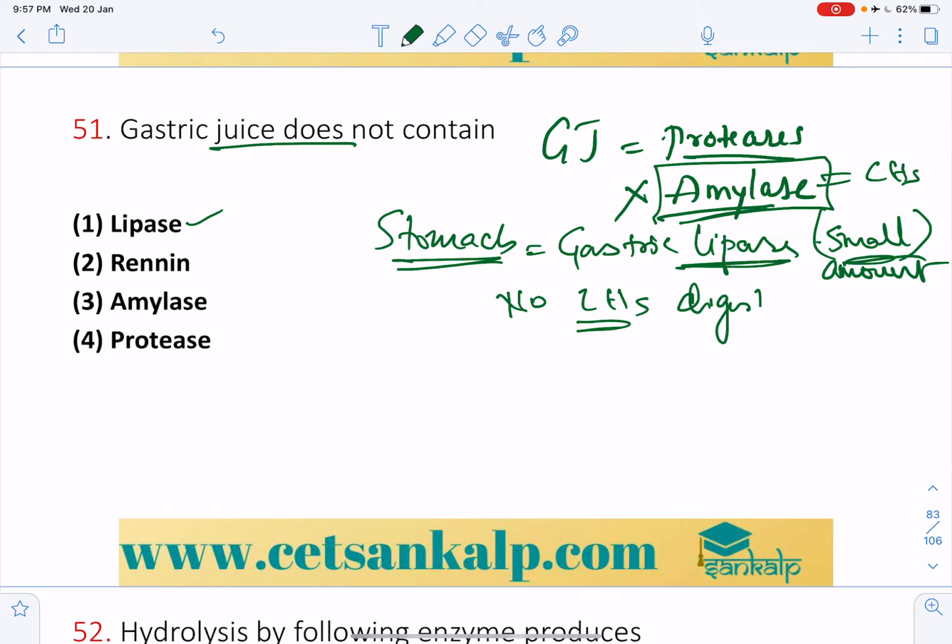There will be protease enzyme, renin and gastric lipase, no amylase. Hence the answer is that amylase is absent in the gastric juice.